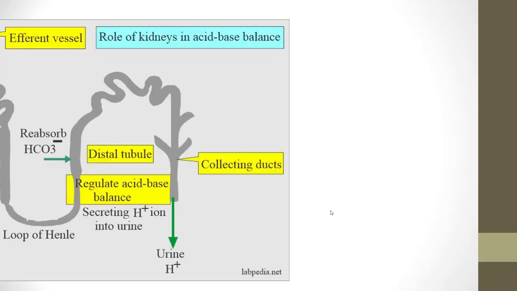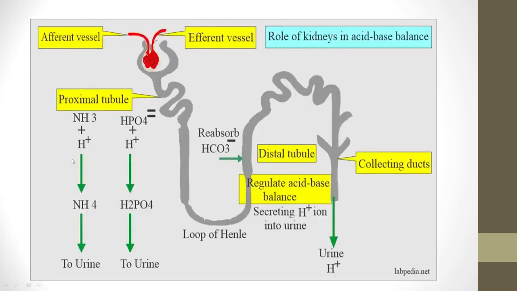And on that side, in the distal tubule and collecting tubule, there's more reabsorption of bicarb, and more excretion of the hydrogen ion occurs over here. So in this way, the body gets rid of the excess acidosis. Bicarb reabsorption also occurs very much in the proximal tubule.